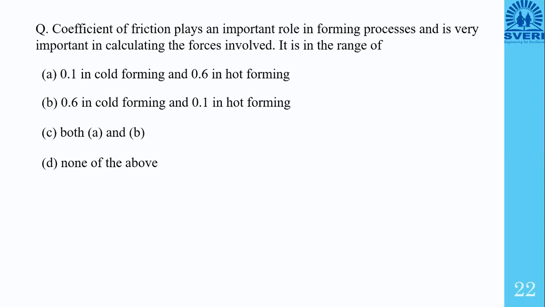In cold forming and hot forming, the difference point, at that time I told you how the coefficient of friction acts in cold forming and how it acts in hot forming. In hot forming, coefficient of friction is more because there may be a chance of the material sticking to the rollers. In cold forming, it is less. So the answer is A: 0.1 in cold forming and 0.6 in hot forming.